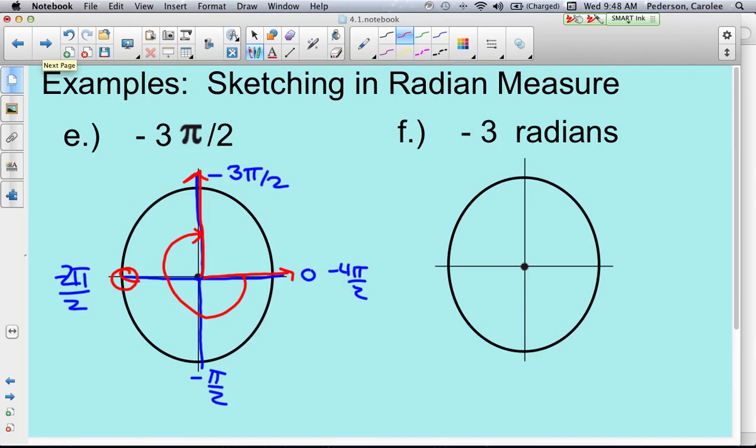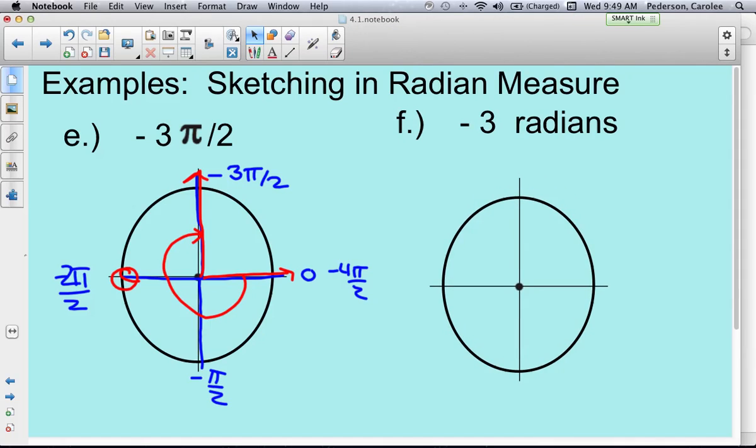The last one is probably the most difficult to graph because now we're not talking about pieces of the pi form, like we have to split up into 4 equal parts or 2 equal parts, but it says it's negative 3 radians. So let's talk about the entire circle in radians. The entire distance around that circle is 2 pi. Do you agree? So if theta equals 2 pi, what would it be in radians?